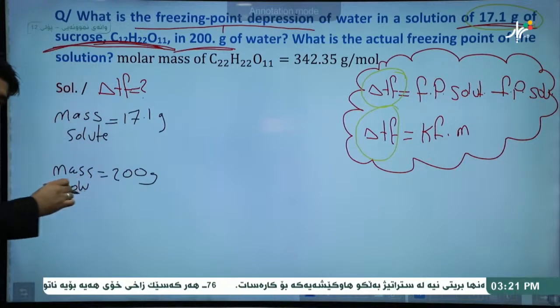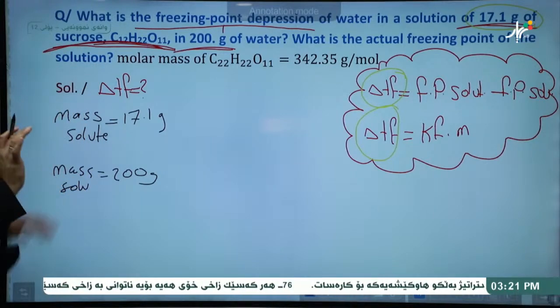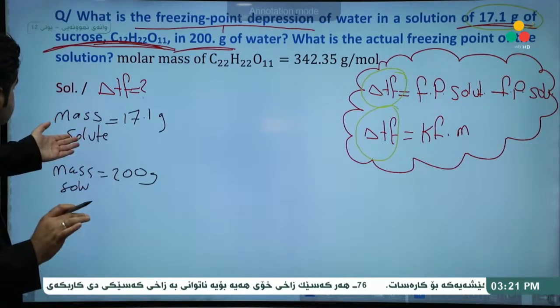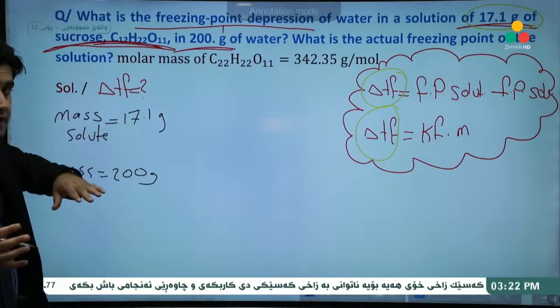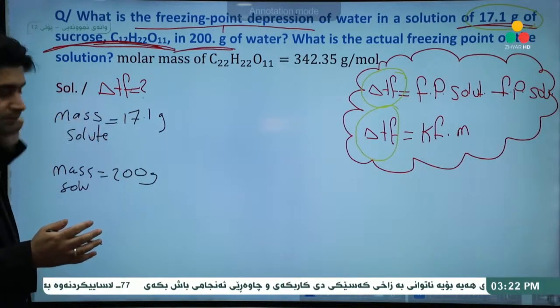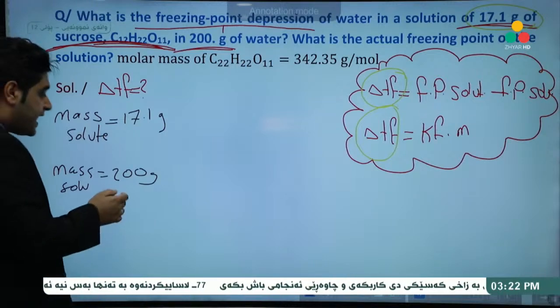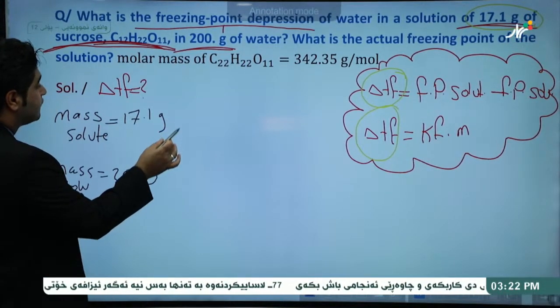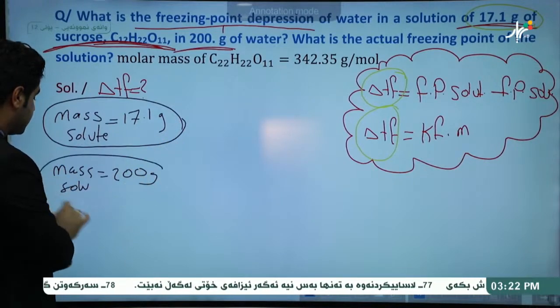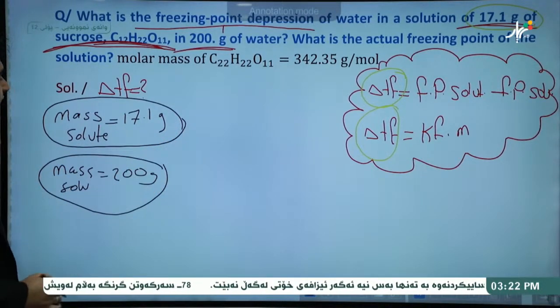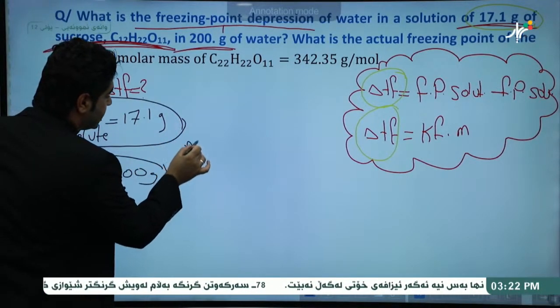The solvent should be in kilogram and the solute should be in mole. Why? Because we have to find the number of moles of solute and kilograms of solvent to find the molality.